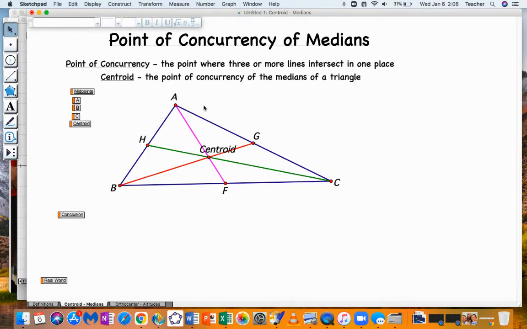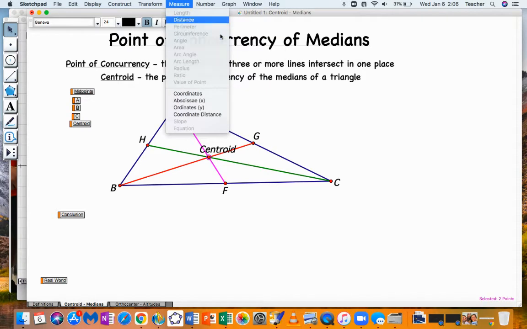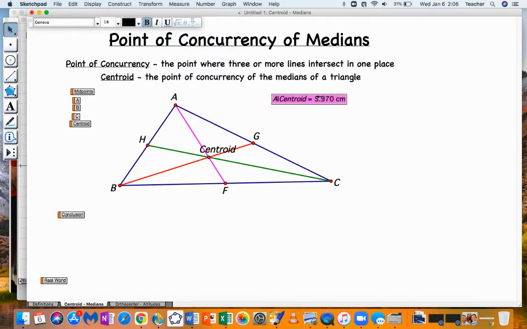Now, here's why we need to know that. If we take the distance from the vertex A to the centroid and measure that, right now it is 5.970. Not important right now, but let's compare that to the length of the whole thing.